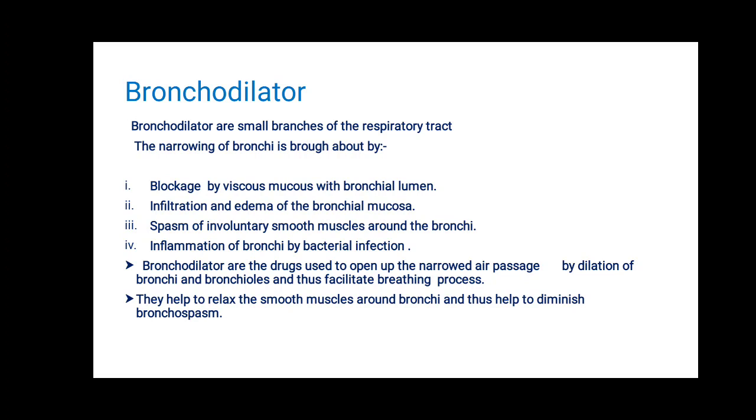The narrowing of bronchi is brought about by four main reasons: first, blockage by viscous mucus within the bronchial lumen; second, infiltration and edema, meaning swelling of the bronchial mucosa; third, spasm, meaning involuntary contraction of the muscle around the bronchi; and fourth, inflammation of bronchi by bacterial infection.